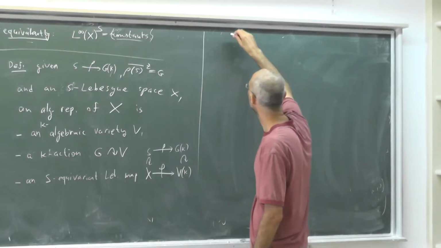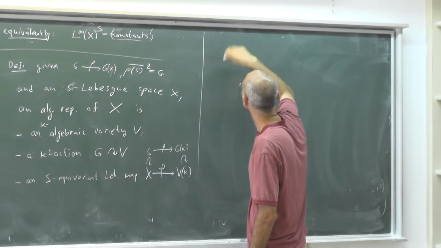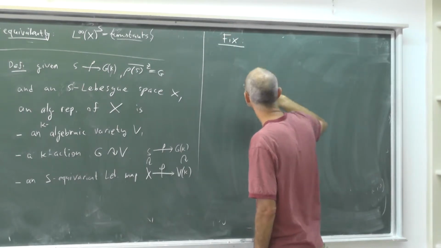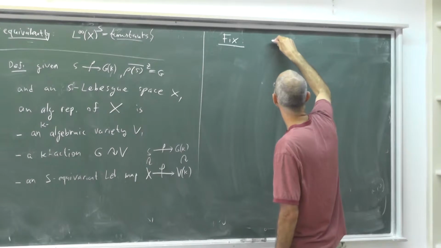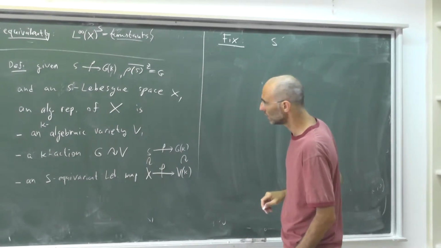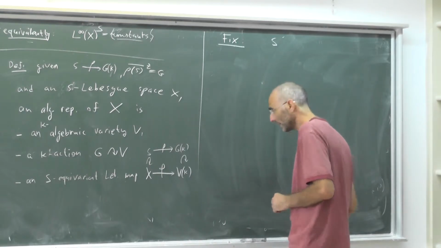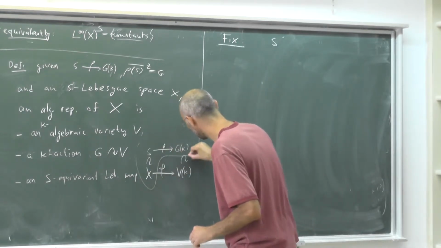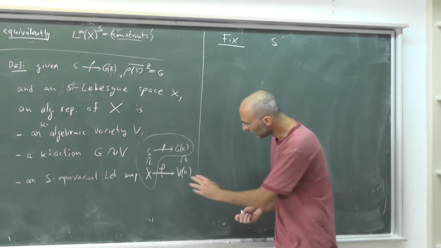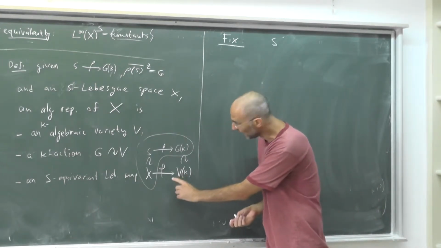So let me emphasize. I'm fixing S. I'm fixing this data here. And the representation is the choice of this V and the choice of this phi.